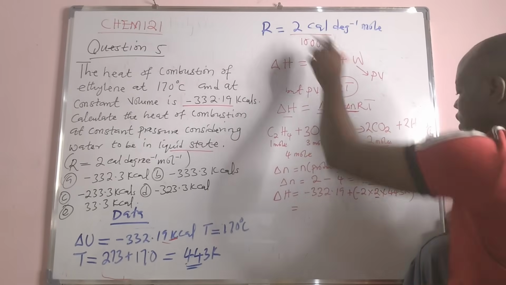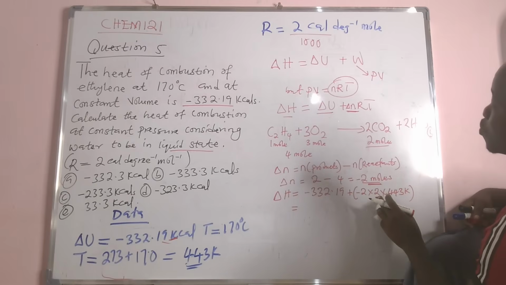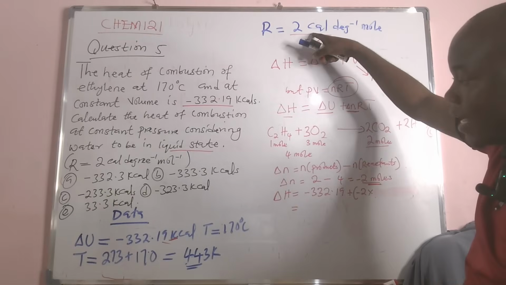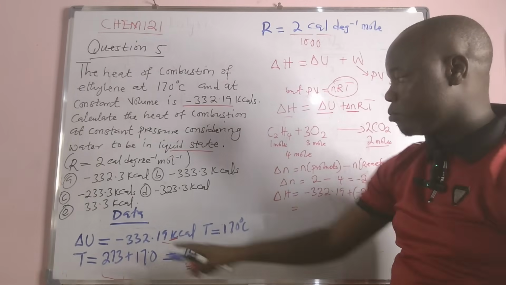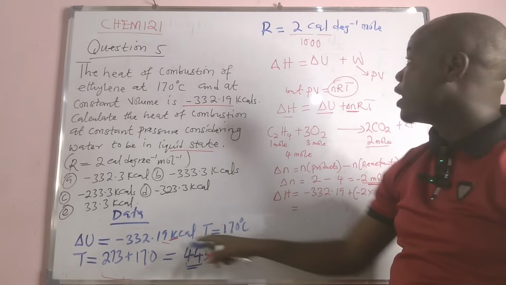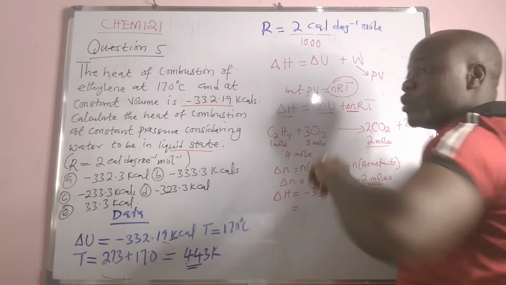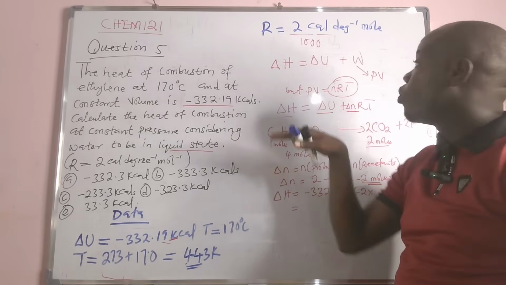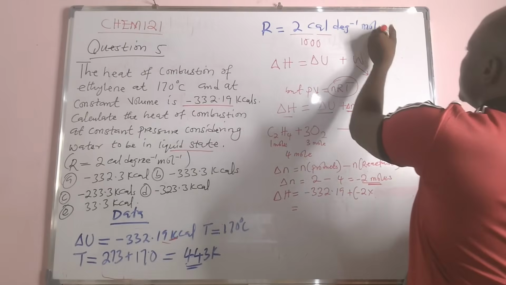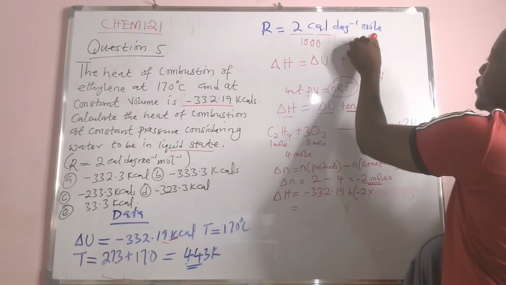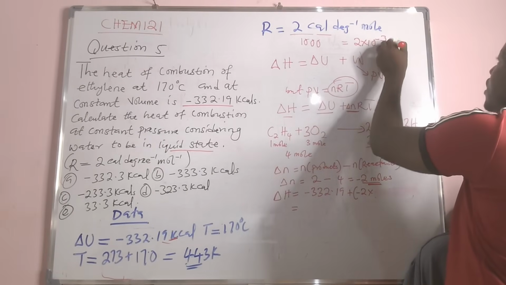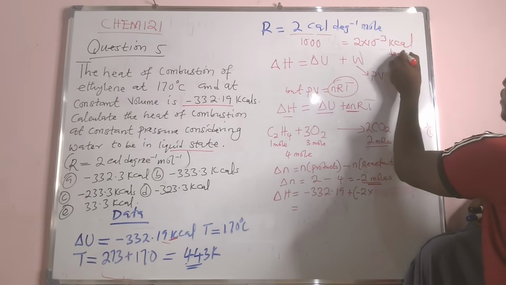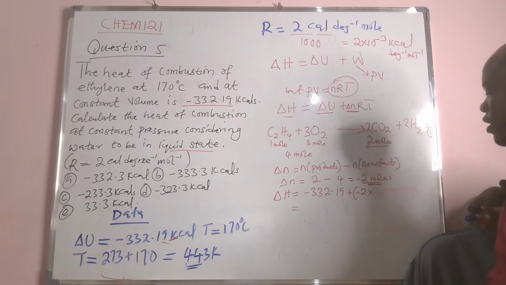So if we divide this by 1000 here, instead of using the 2, because this one is in cal, we have to make everything in kilocal because this one is also in kilocal. When we want to change something to kilo, we have to divide it by 1000. So therefore here is 2 times 10 raised to the power of minus 3 kilocal per degree per mole. I hope you understand.